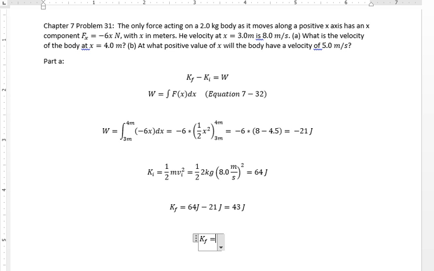K final is 1/2 of 2 kilograms times V final squared equals the 43 joules.